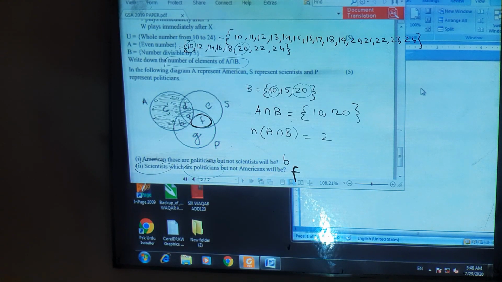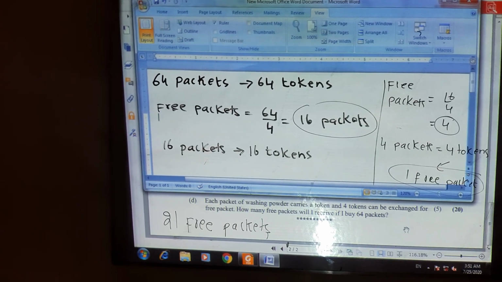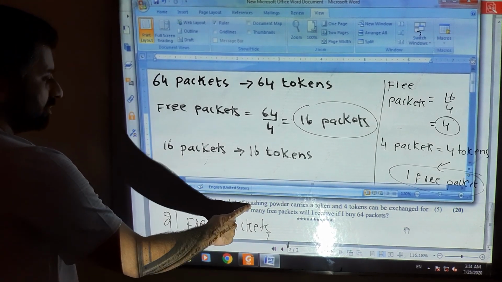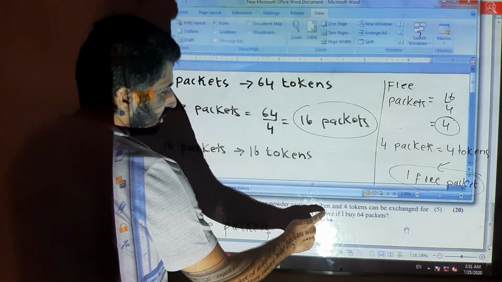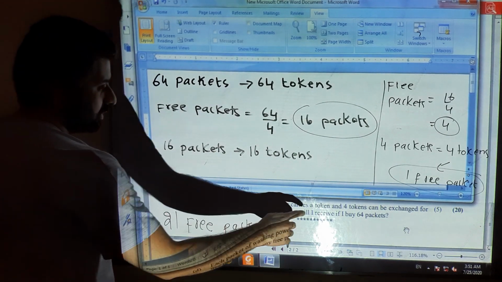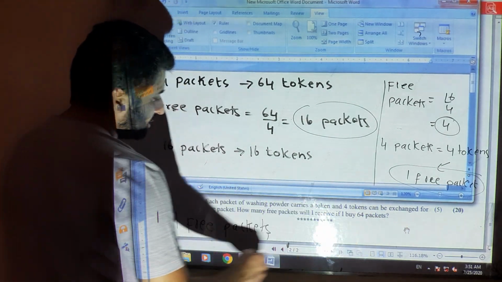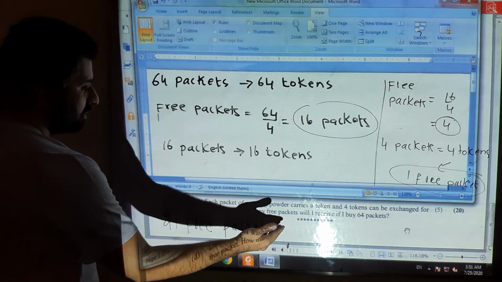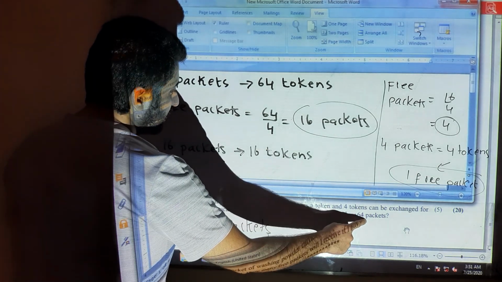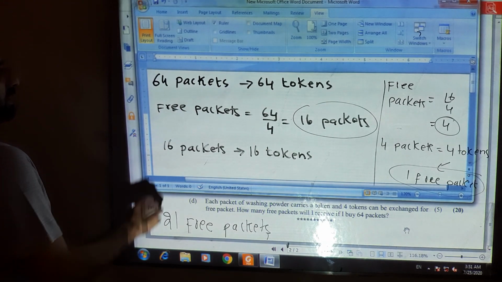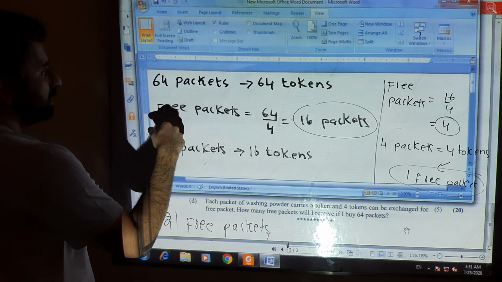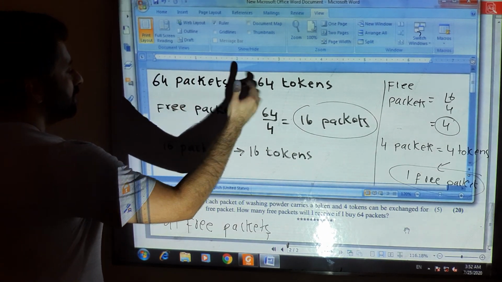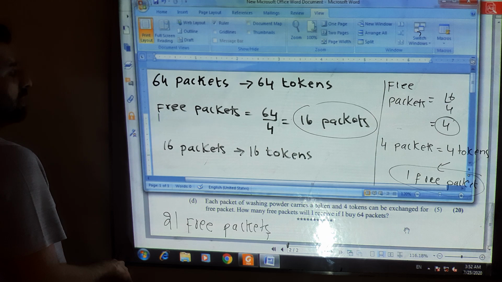The last part for this section is: each packet of washing powder carries a token. Each packet has a token and 4 tokens can be exchanged for a free packet. How many free packets will I receive if I buy 64 packets? If you buy 64 packets, each packet has a token, you will get 64 tokens.